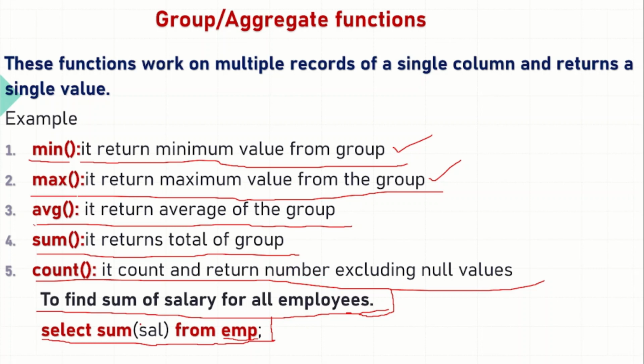Select sum. You need to know which column you want to sum. So I want to sum salary. Similarly, you can have a question of how much commission we have paid in the last month. Simple, we need to work on the commission column of that month. We'll be able to get that.